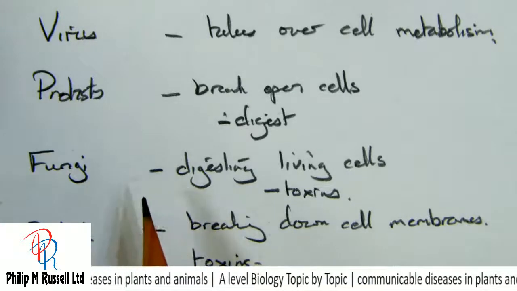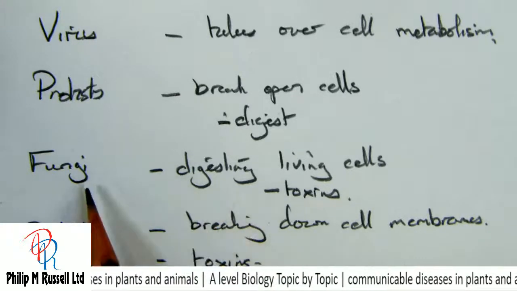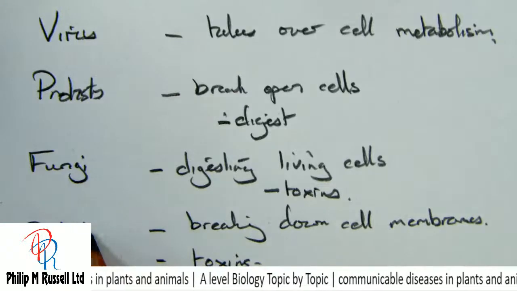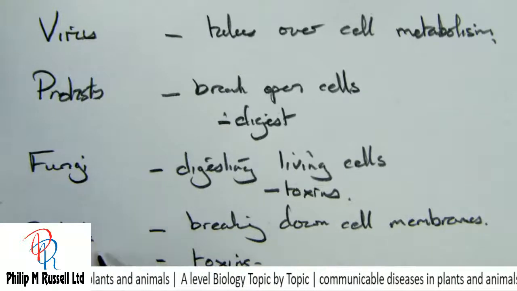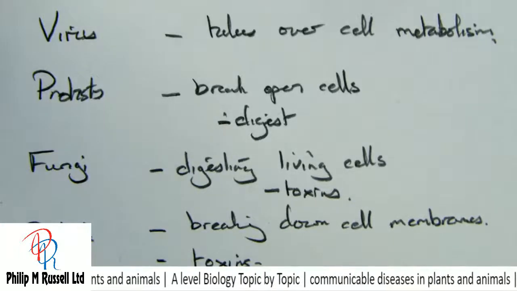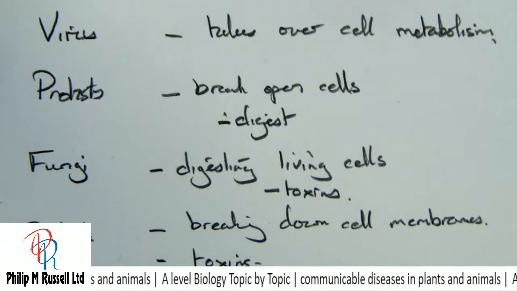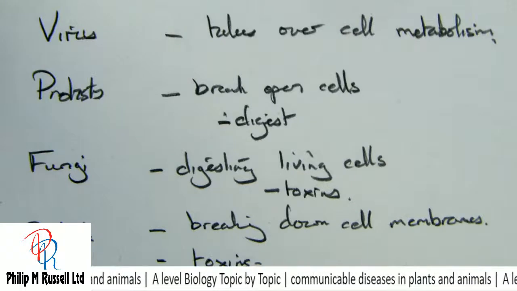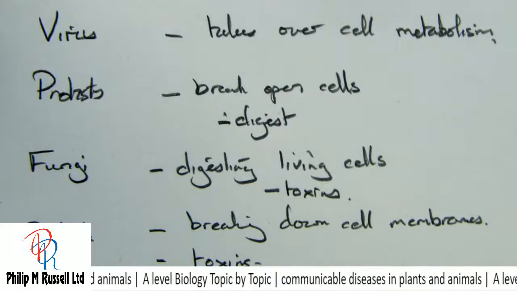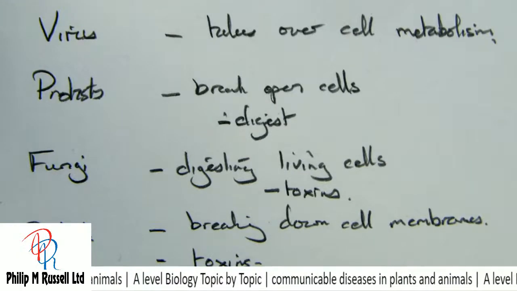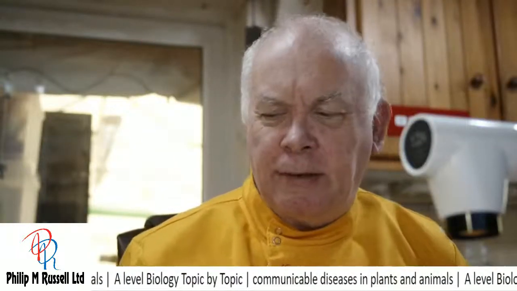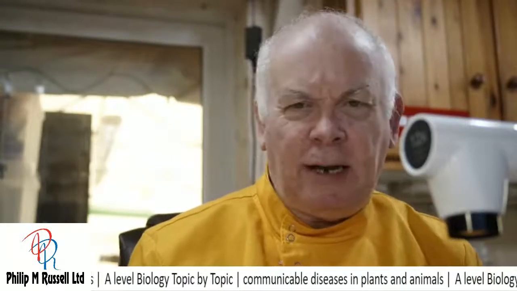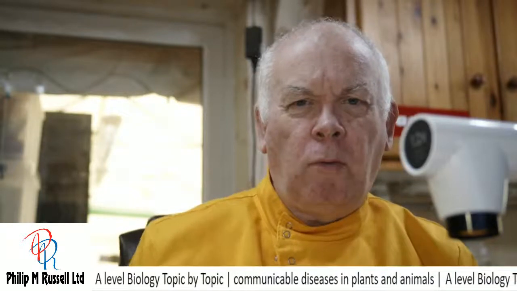Fungi, being different, like bacteria, are possible to destroy. Protists are much, much harder to cause destruction to. Right, okay, so that's a little overview of what the things are.